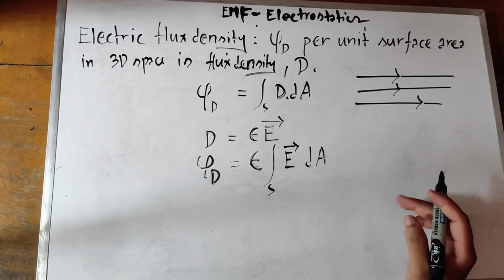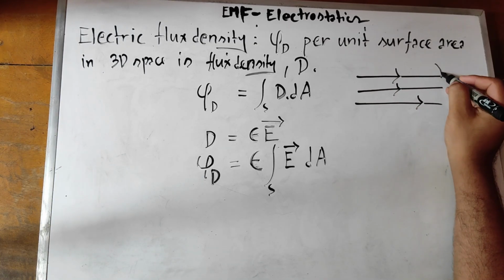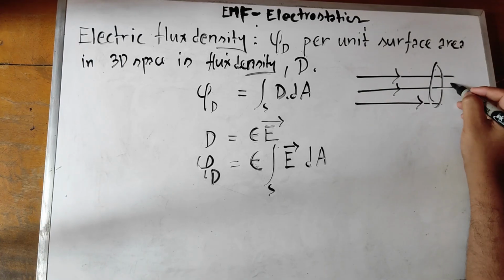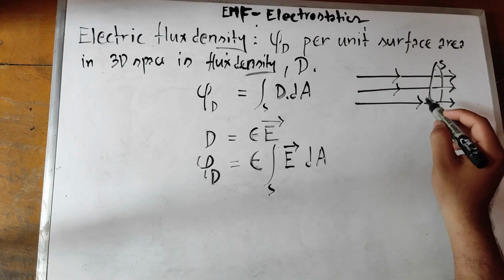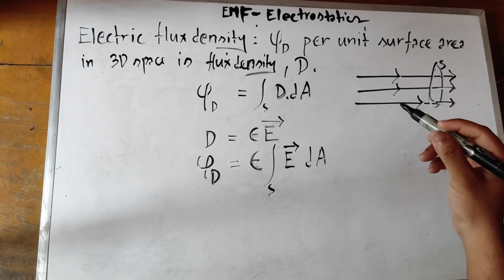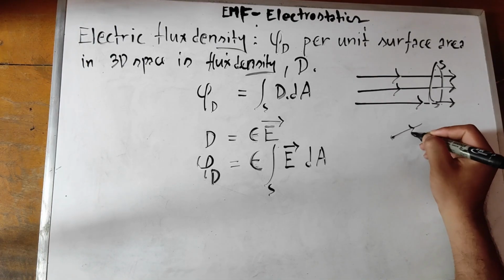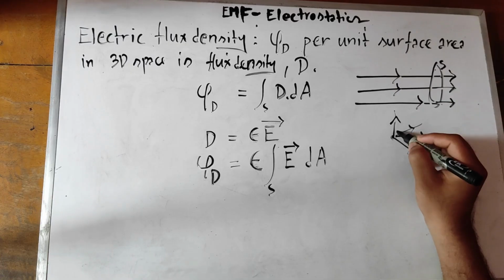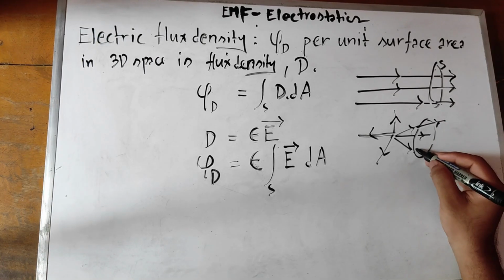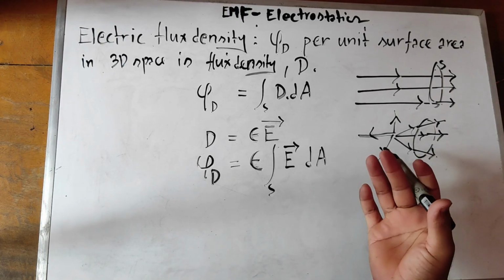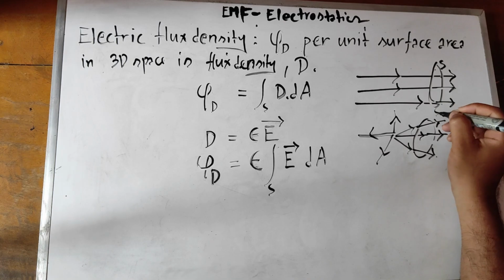Flux is kind of a flow, so it can come in various types. Say this is a surface. This kind of flux through a surface is a cylindrical flux. This kind of flux has no sink or source. If flux is seen emanating from a point and going through a surface, because surface flux is defined by a surface obviously, this kind of flux is divergent flux.